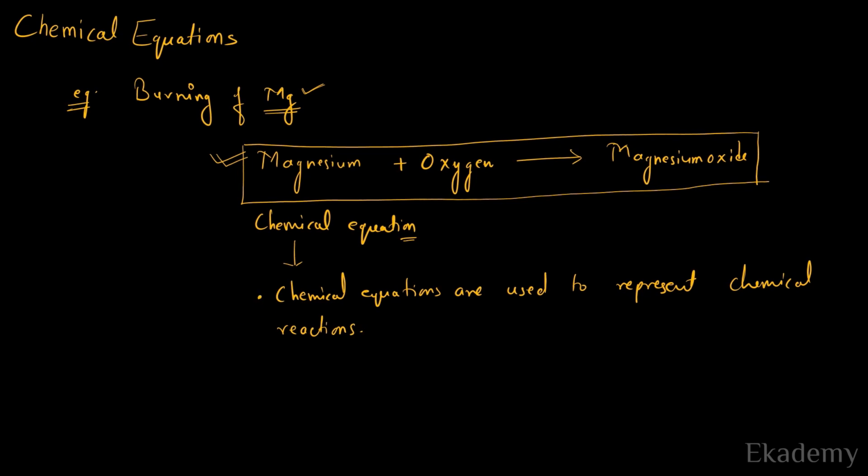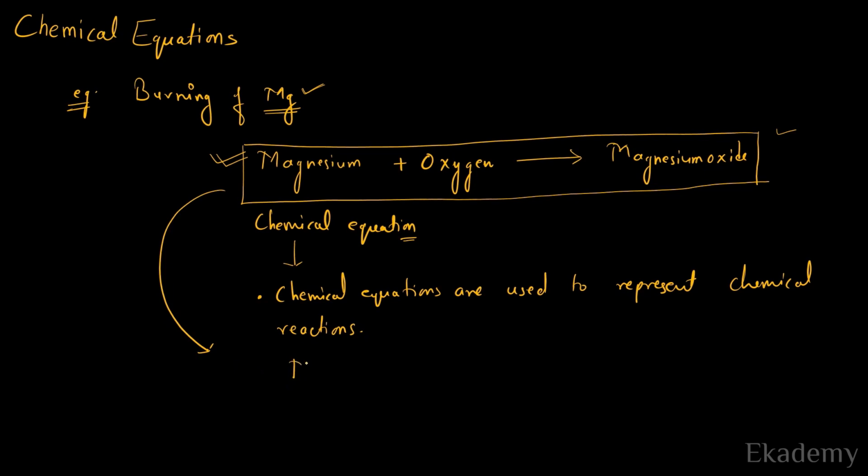Now, there are two ways in which this reaction can be represented. One way is written like this, where we have used the complete names of reactants and products. The other way to write the same equation is by using atomic symbols and formulae of the substances.